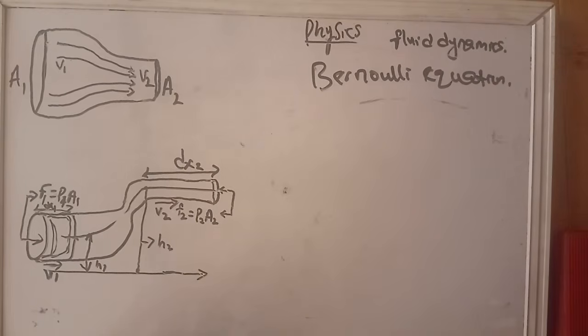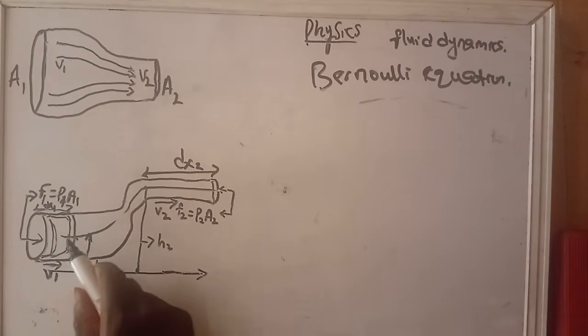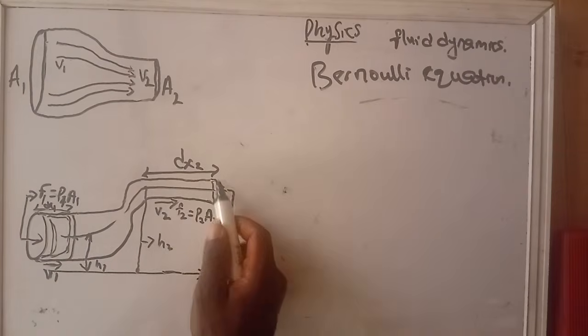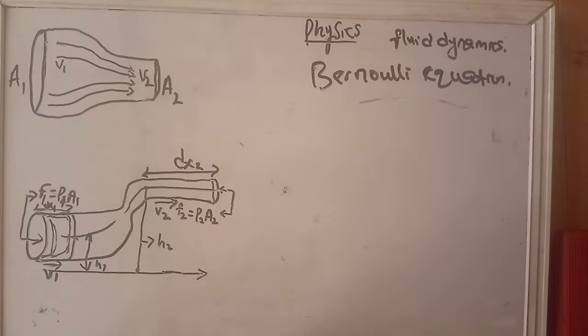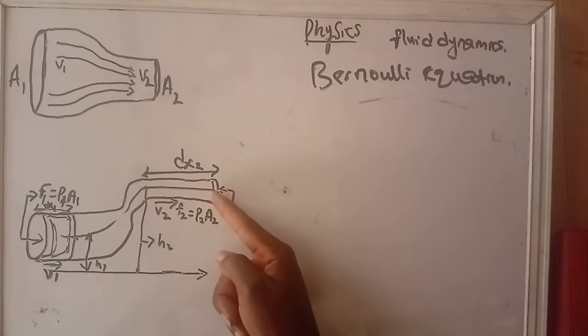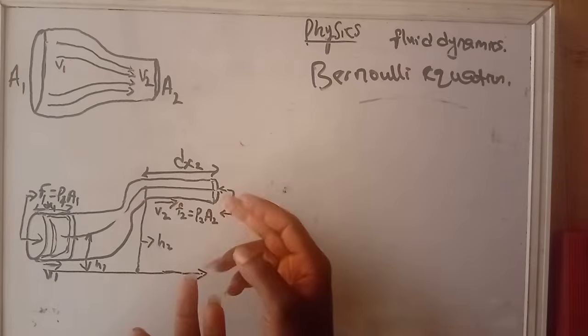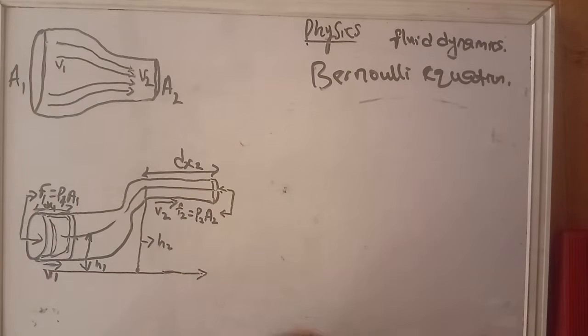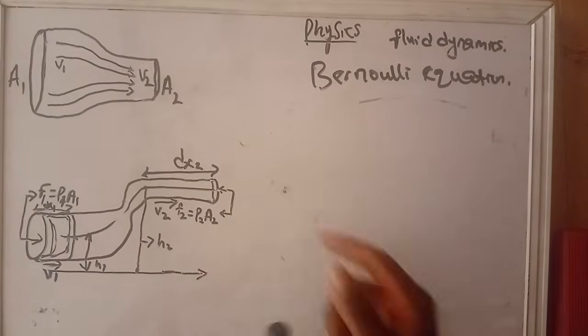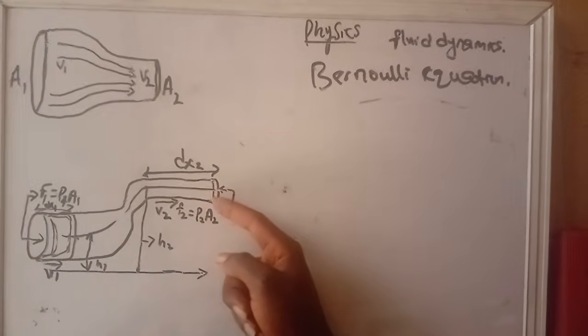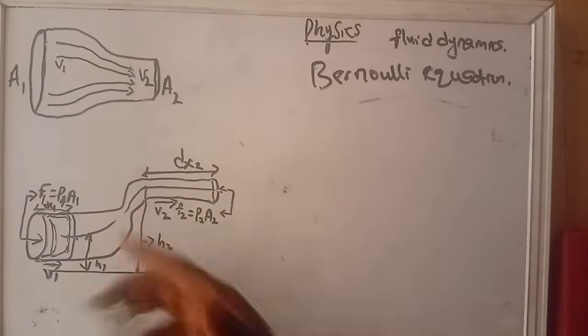Now, how do we deduce this? Take a very good look at this diagram. If we have a flow of liquid, maybe it's flowing from here to here or from here to here, there is no problem. There is a pressure that is pushing the liquid to be able to flow, whether down or up.